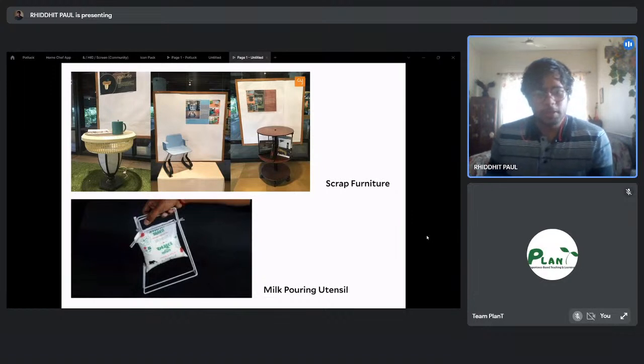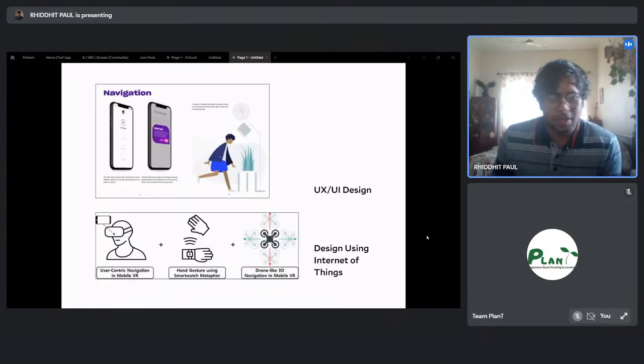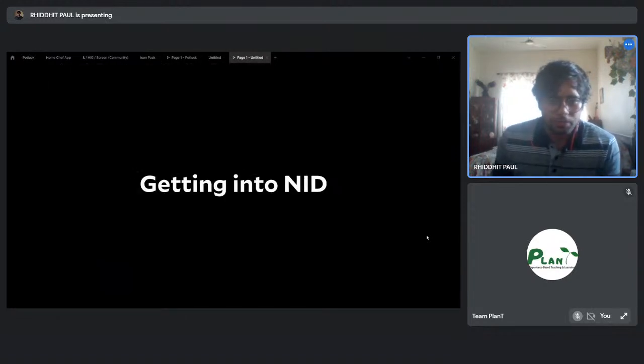So just some of the things that students at NID do, like making furniture out of scrap parts lying around the house, making a utensil that helps you pour a packet of milk, designing mobile applications, or even thinking about how drones in the future could be controlled with just hand gestures, right? So these are some of the things that we do at NID.